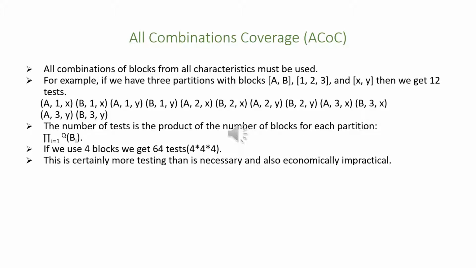So for the above example there are 12 tests. If we have 4 blocks in each of 3 partitions, then we should get 64 tests. This means much more testing, so it is economically impractical.